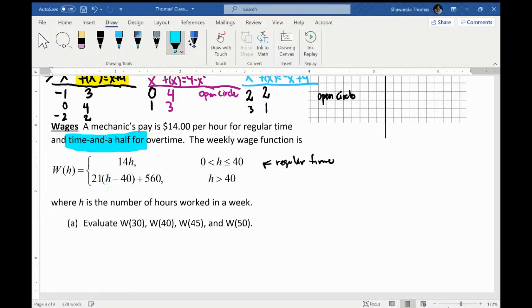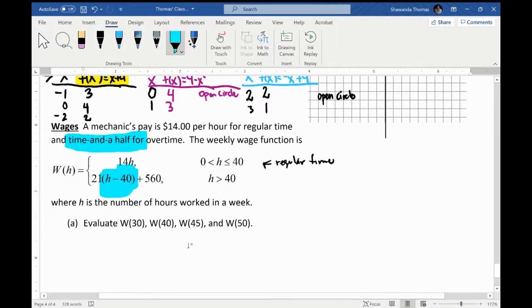All right, and then what do you think H minus 40 means? What is that about? The hours you work overtime minus 40. Very good. So if we work over 40, then that would be our excess hours.